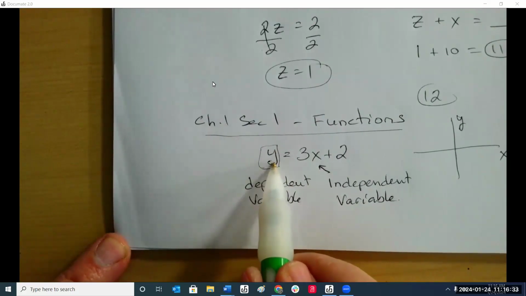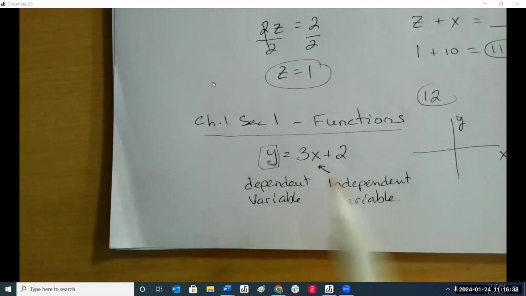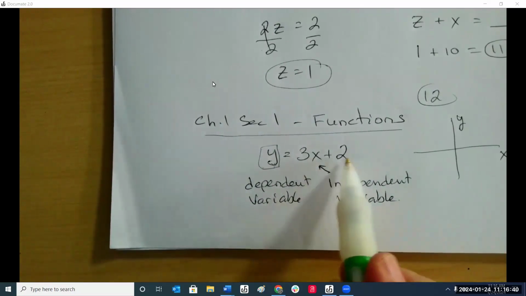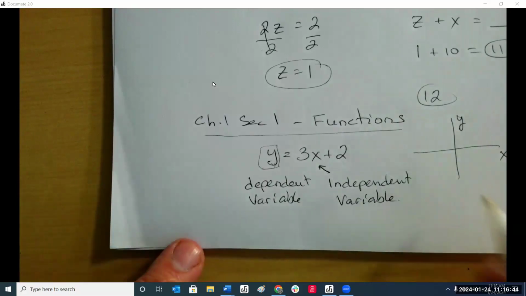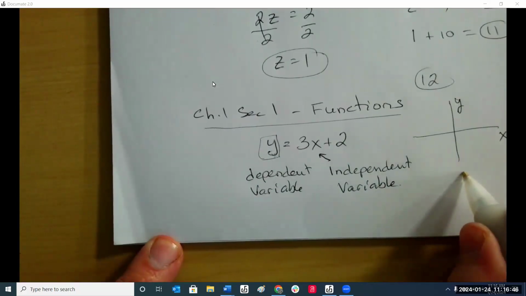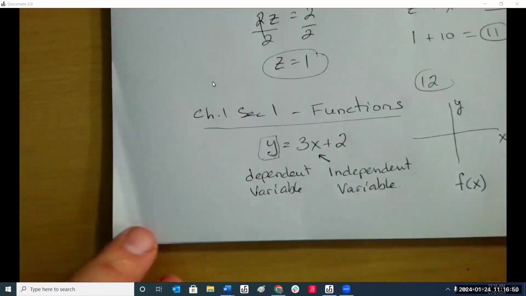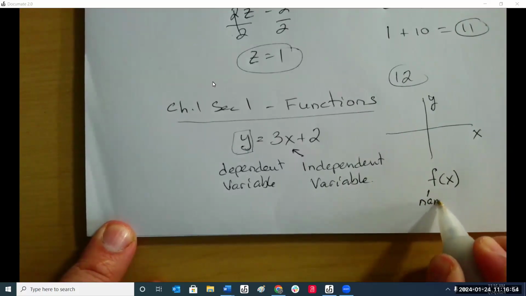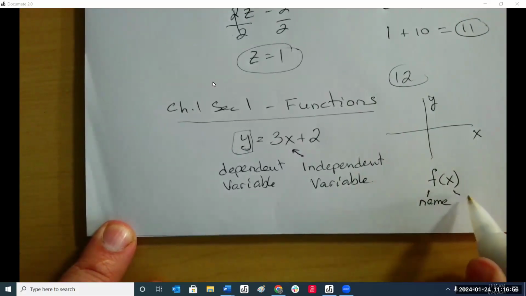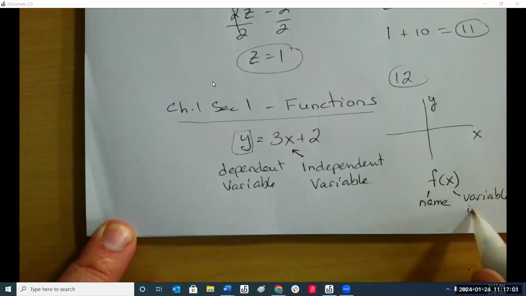But what this doesn't tell us is what variables are in our equation. Functions are written this way. This is the function name, and this is the variable in the function.